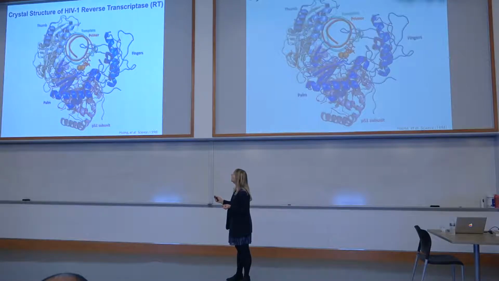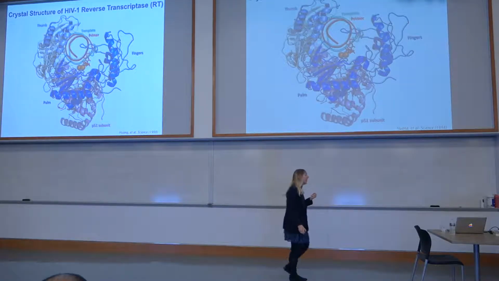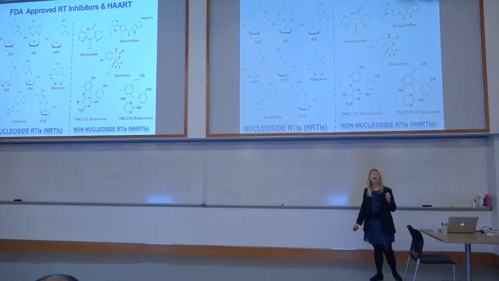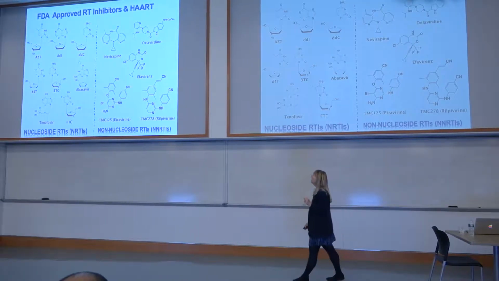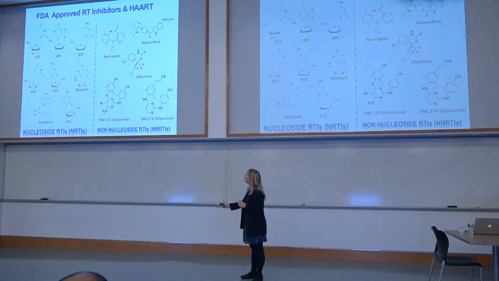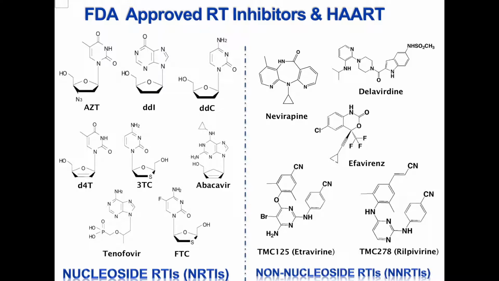But the enzyme is a heterodimer, so there's a P66 catalytic subunit and a P51 subunit that plays primarily a structural role. Now, if we think about therapies approved by the FDA for targeting reverse transcriptase and for treating AIDS, they fall into two chemical classes, and you chemical folks in the audience will recognize that these look like regular nucleoside substrates, endogenous substrates.